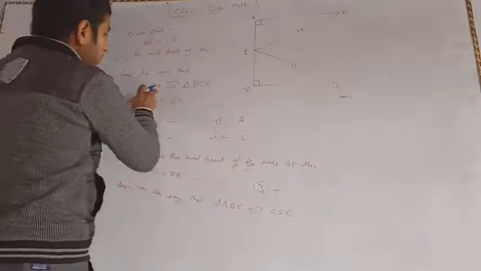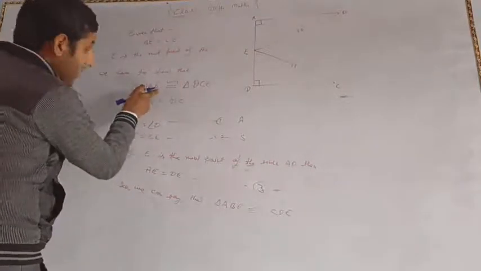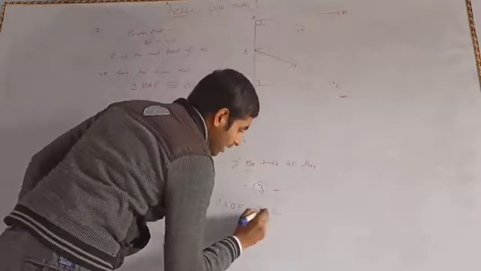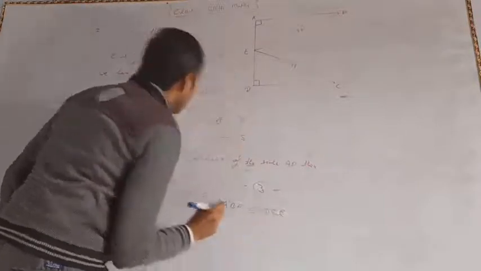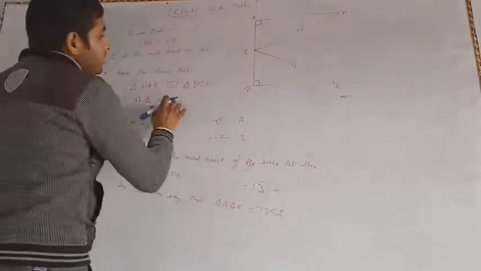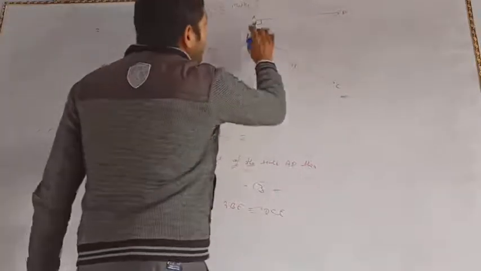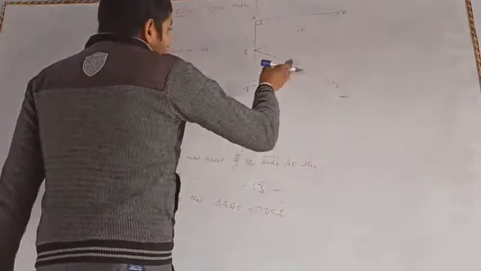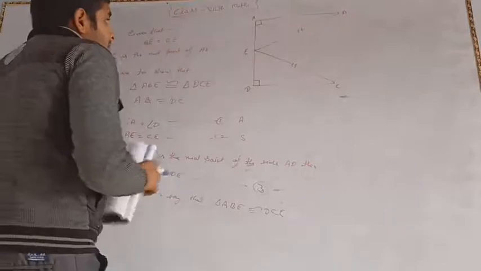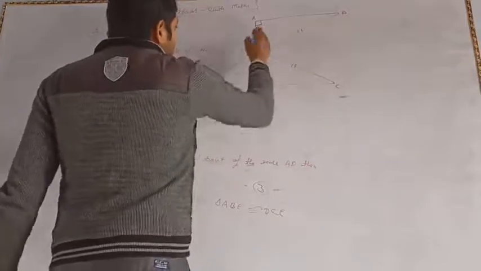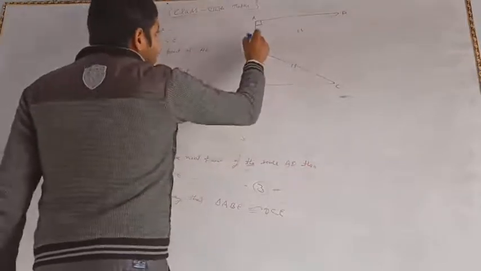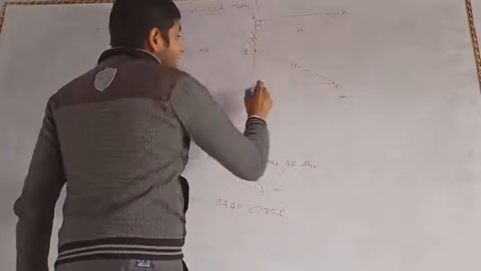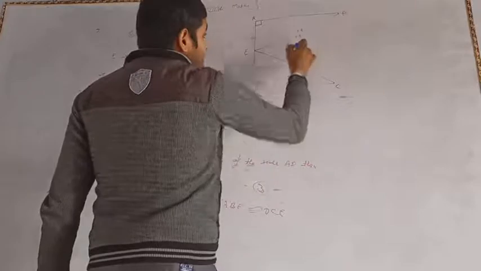Here we have proved triangle ABE is congruent to triangle DCE, and we also have to prove that AB is equal to DC. By the congruency rule, we find that AE is equal to DE and angle A is equal to angle D. Then this side is equal to this side.